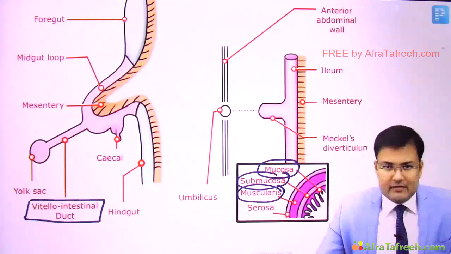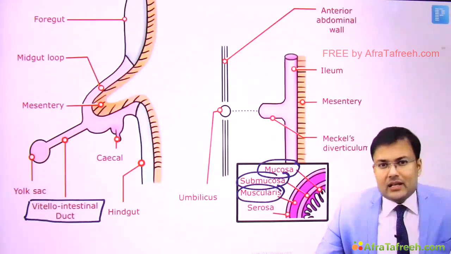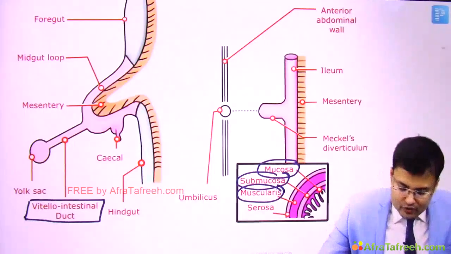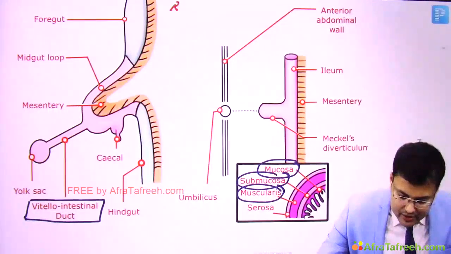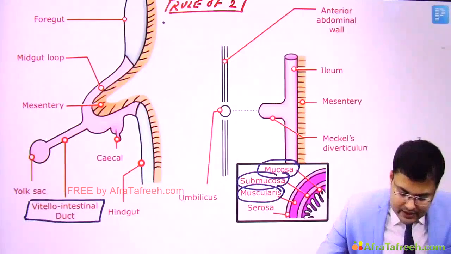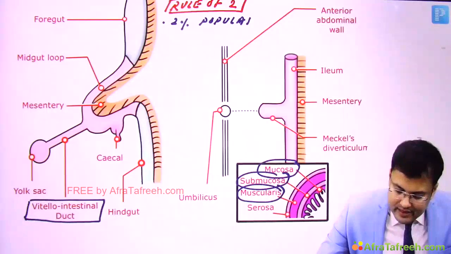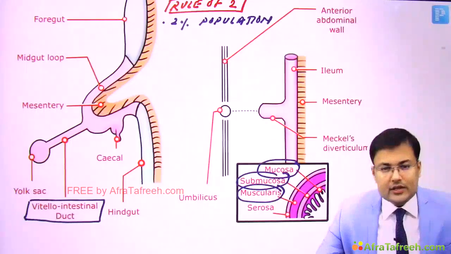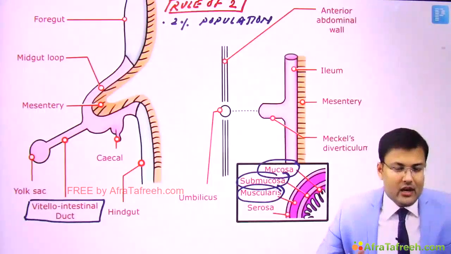Another question which is frequently asked, that Meckel's diverticulum is characterized by rule of 2. So what's that rule of 2? Right? So what's first? It is seen in 2% population. And what's the length of Meckel's diverticulum? It's not 2 centimeter, it's 2 inches in length. What's the location?